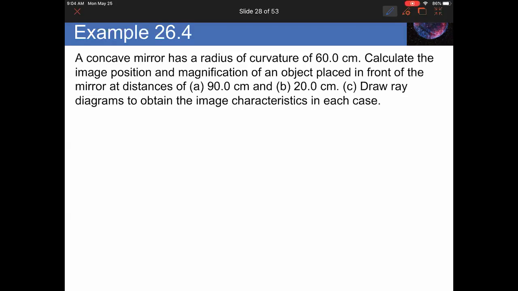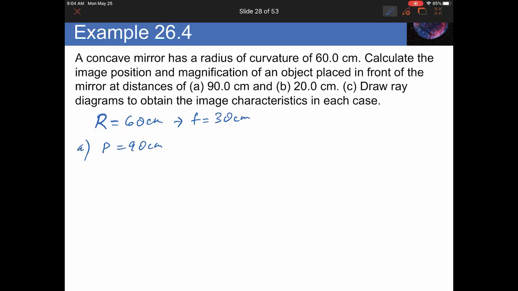So we're given radius 60 centimeters, which means technically the focal length is 30 centimeters. And we want to find, part A, where the object distance P is 90 centimeters, and for the second one it is 20 centimeters.